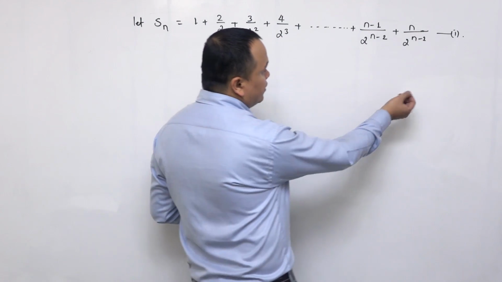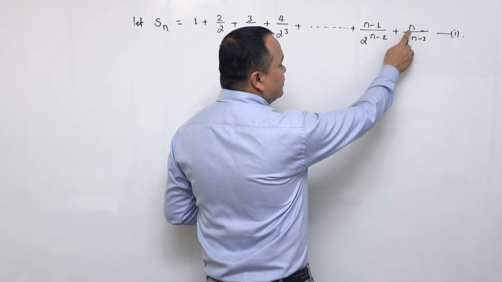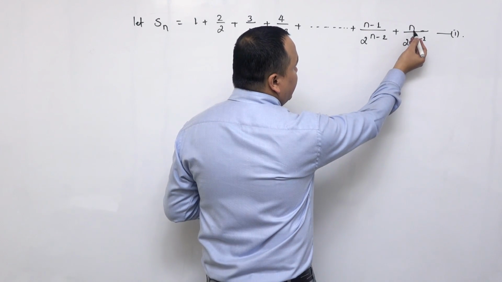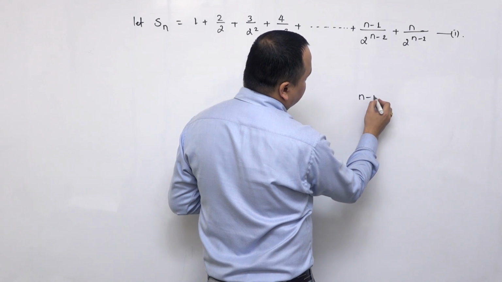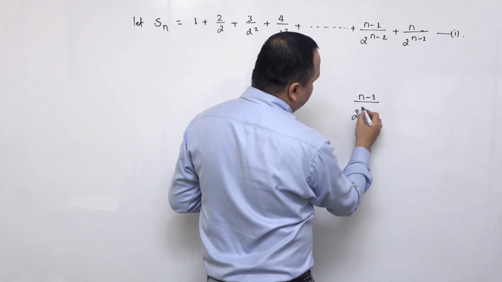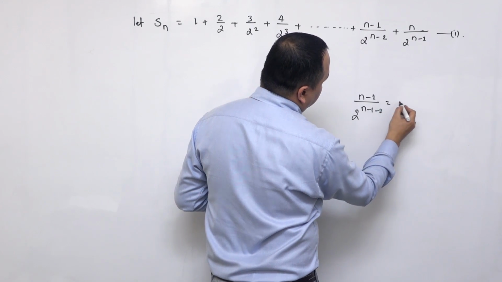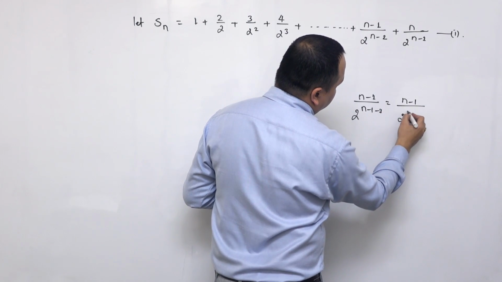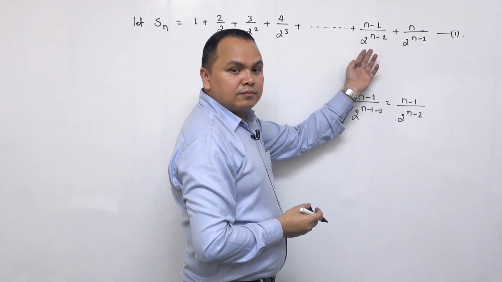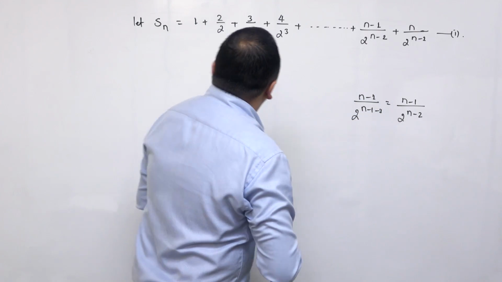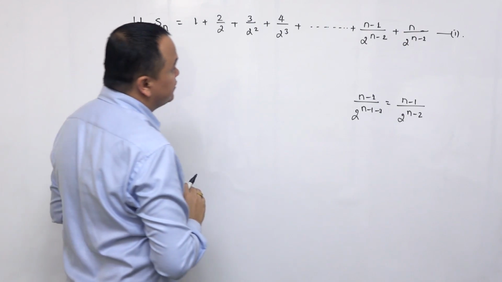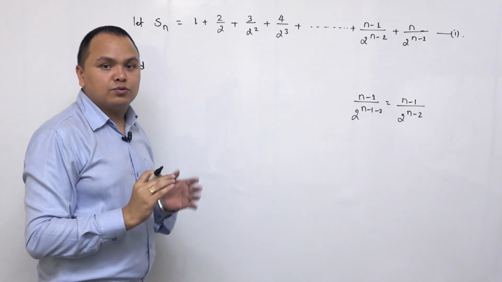If we replace n by n minus 1, we get n minus 1 upon 2 to the power n minus 1 minus 1, that is, 2 to the power n minus 2. We get the previous term. And we have the common ratio of GP as 2.